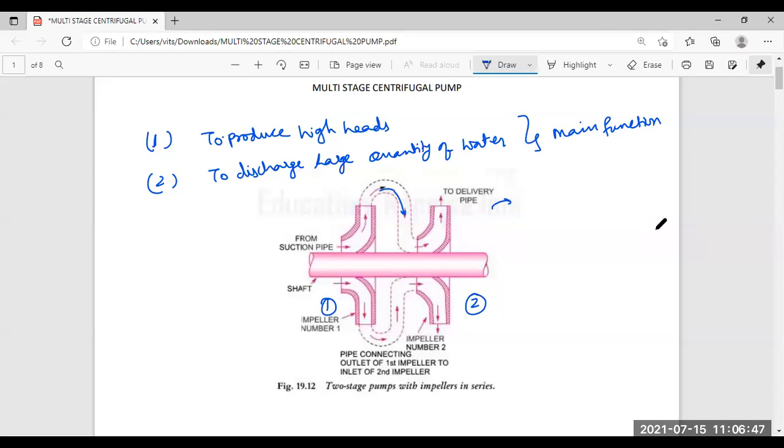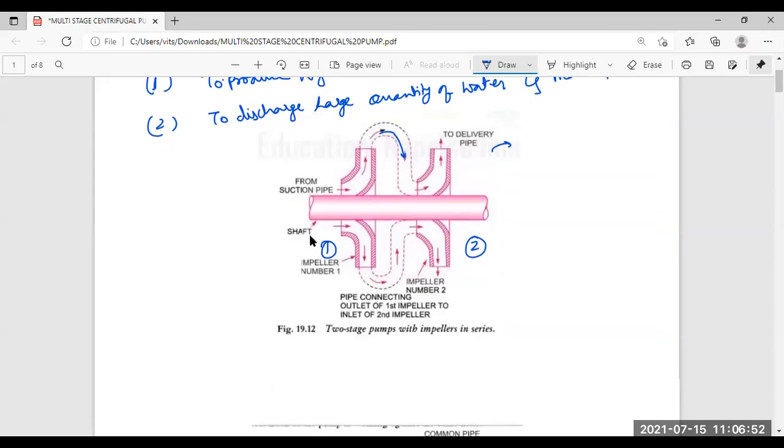Now we need to calculate the total head developed by the impellers.